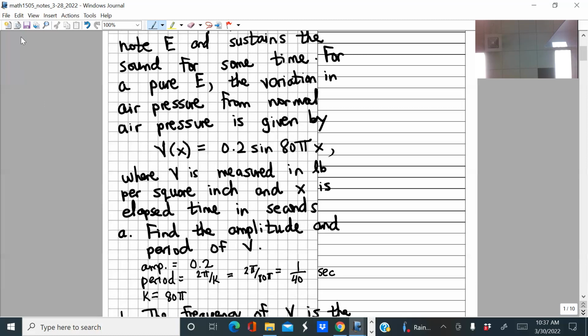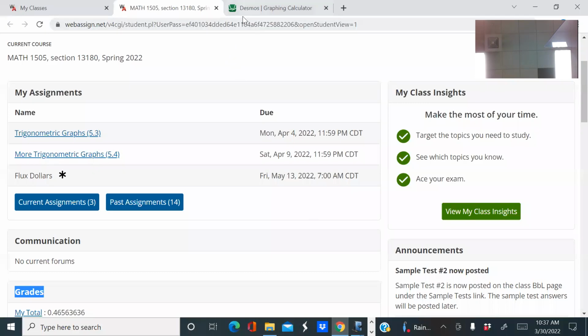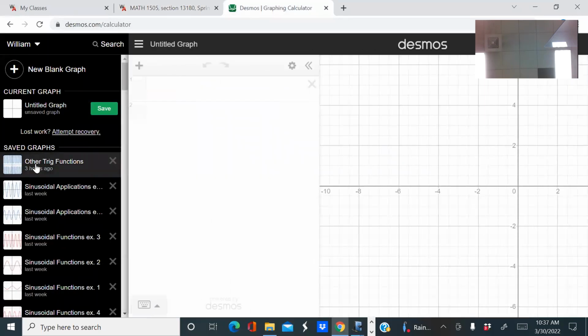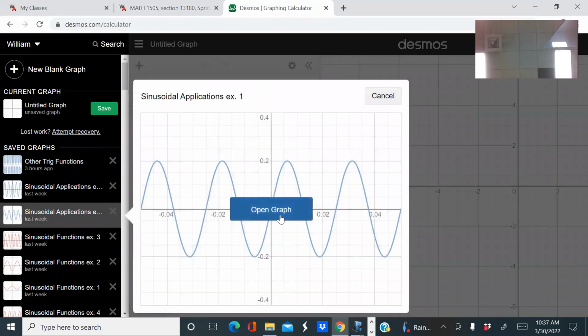I've already built the graph, and the graph is kind of hard to make because the period is so short and the amplitude is short also. So when you're graphing this, you have to be careful about the portion of the x and the y axis that you're going to graph. Let me see, I think it's this one, yeah.